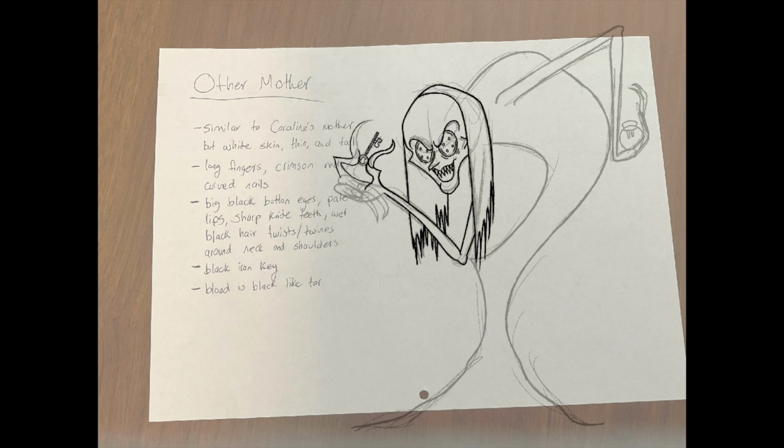With the hands, I wanted the limbs to feel very long, skinny and thin, while the hands are very pronounced with the angle of the joints and the black iron key. I thought those were really fun to do, and the shape of the body, we go into more detail when I get into the inking and the coloring.